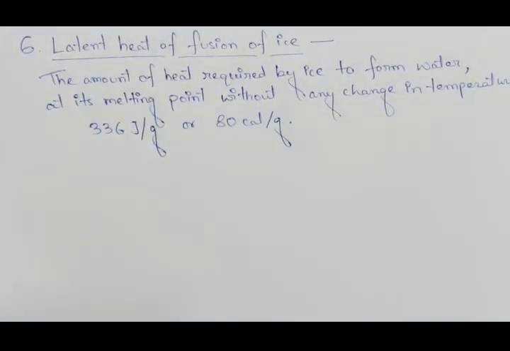The same amount of heat energy is released when 1 gram of water gets solidified to form 1 gram of ice at 0 degrees Celsius, because 0 degrees Celsius is the melting point of water, and it also solidifies at 0 degrees Celsius.